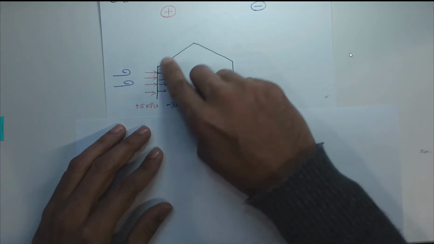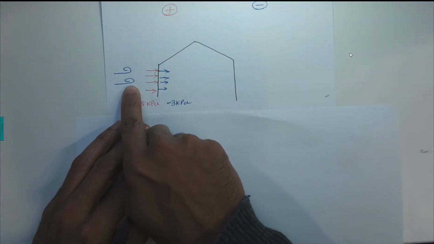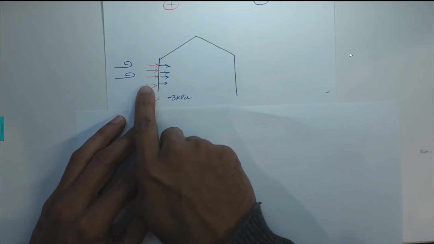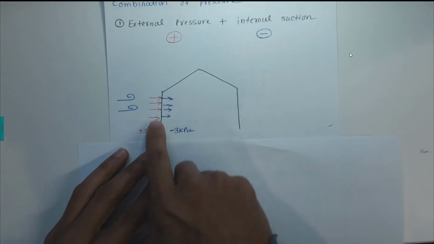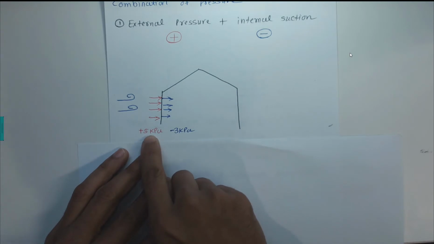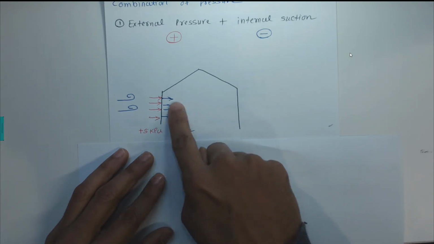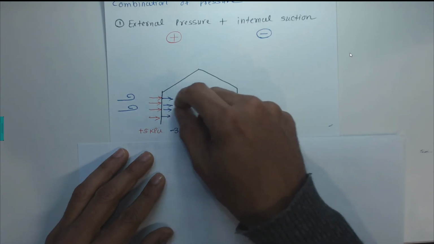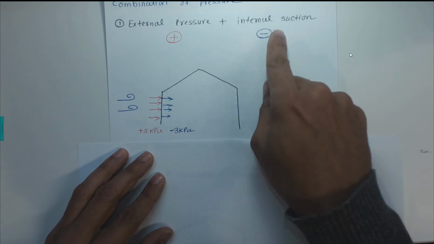If I take a typical example here, with wind loading coming from left to right, we can say the external pressure is positive 5 kilopascals. This is just an example. The internal pressure is a suction, negative 3 kilopascals.